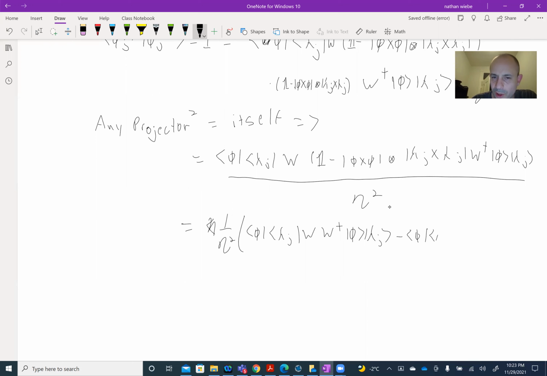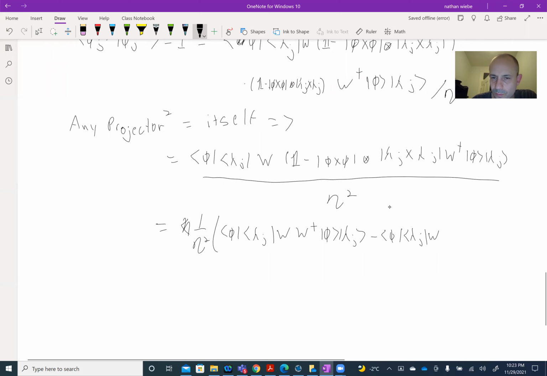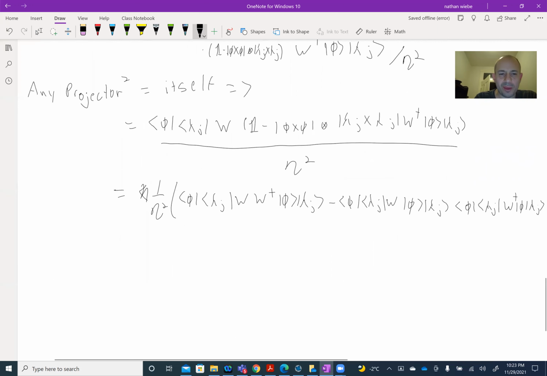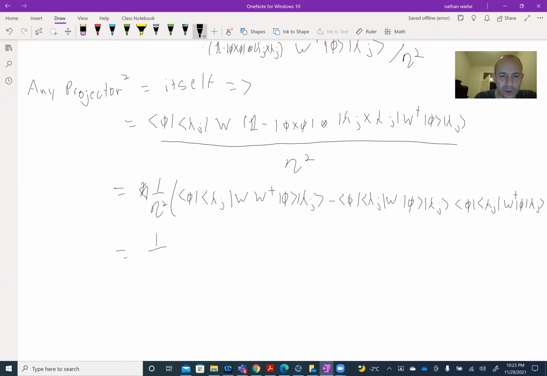phi lambda j W phi lambda j, phi lambda j W adjoint phi lambda j. Okay. And so this, of course, first term is equal to 1.